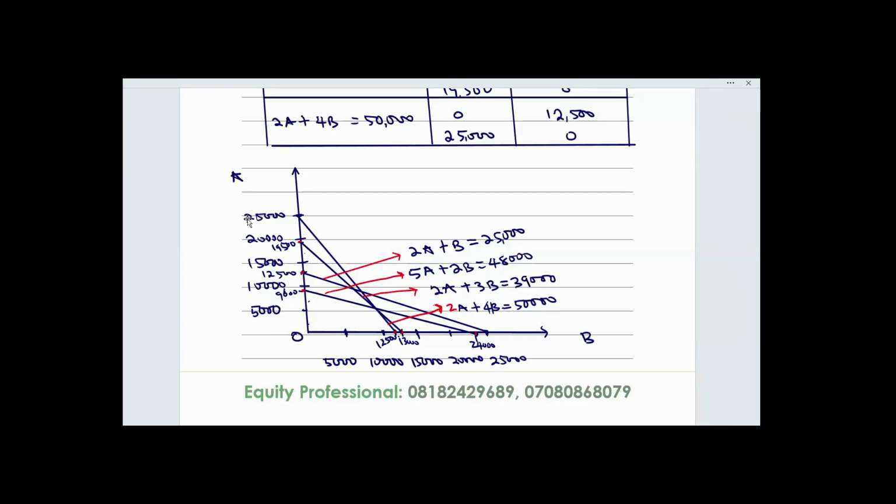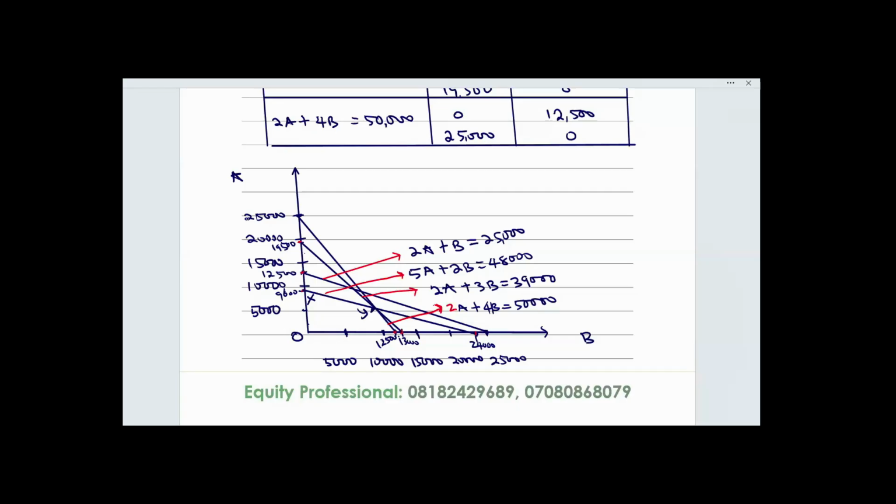In this case, A and B intercepted at this point. Since we are using A and B as grades, let's use another letter. You can say this is point X. Then A and B also intercepted at this point. Let's call that point Y.